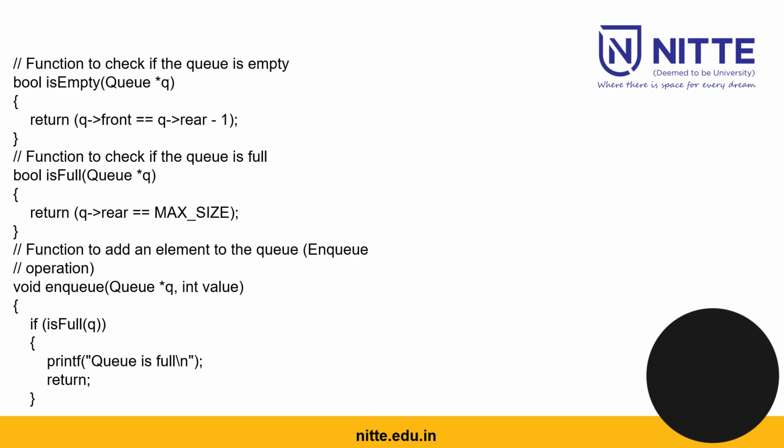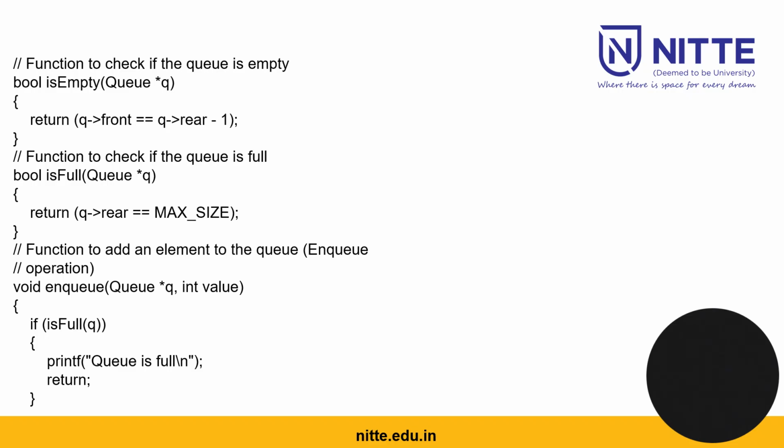Then we will have to write another function where we add an element to the queue, and that operation is what? Enqueue operation. So I will write void enqueue. It takes the value that I want to insert into the queue and the location q star q.